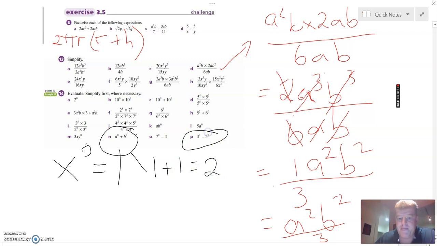P over here, 3 to the 0 minus 5 to the 0, that's 1 minus 1, that equals 0. Over here for h, 5 squared is 5 times 5, which is 25. 25 plus 6 to the 0 is 25 plus 1, which equals 26. So it's a play on the fact that anything raised to the 0 equals 1.